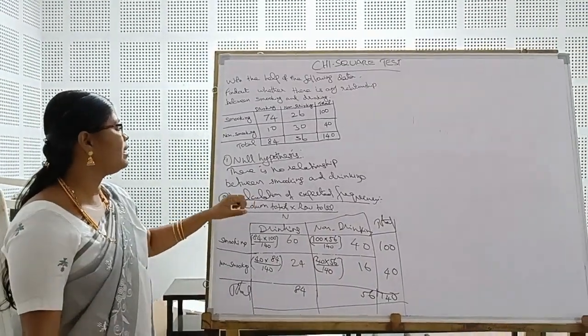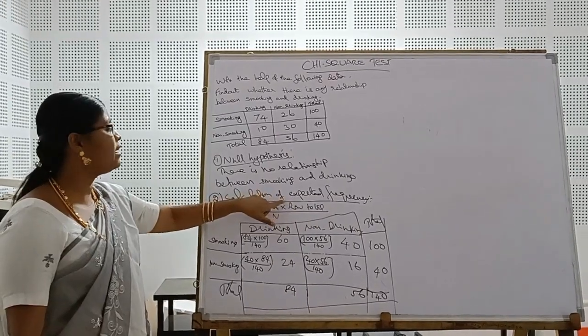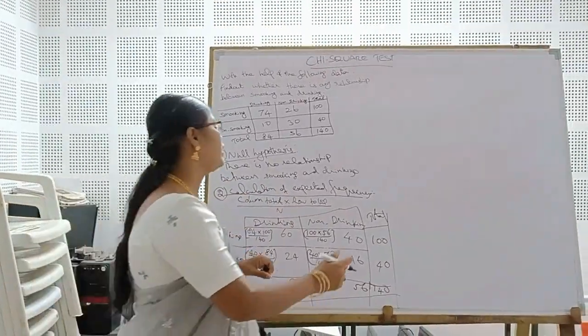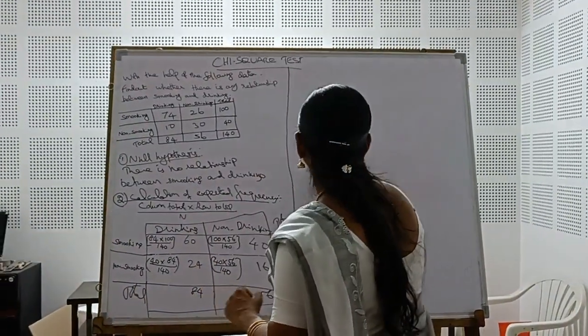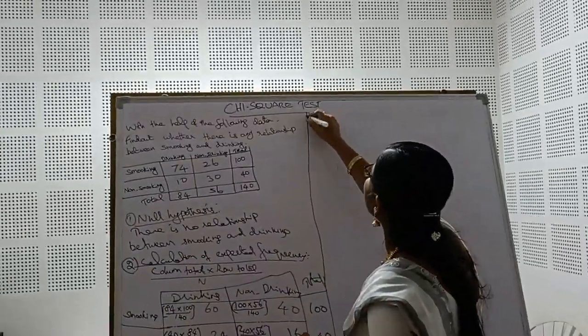So after the calculation of the expected frequency, chi-square value should be calculated. That is the third step.